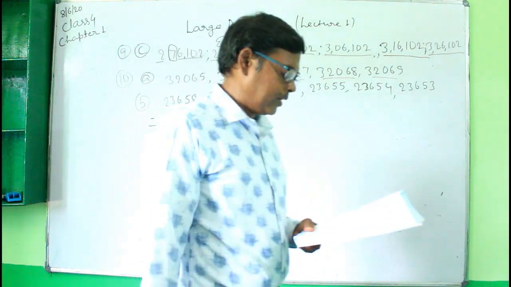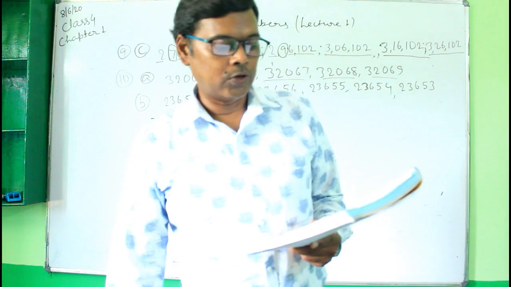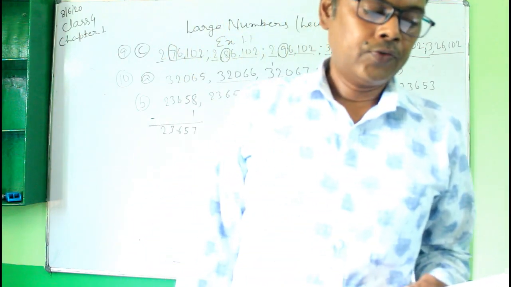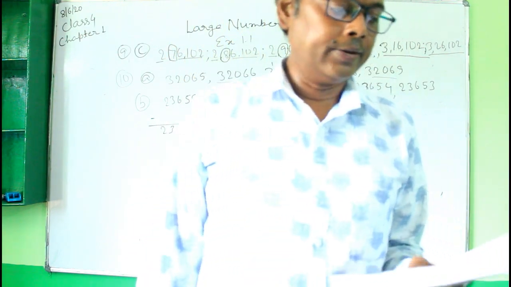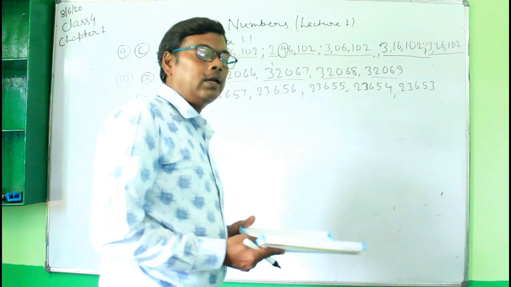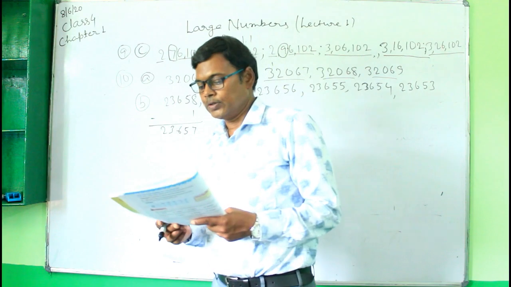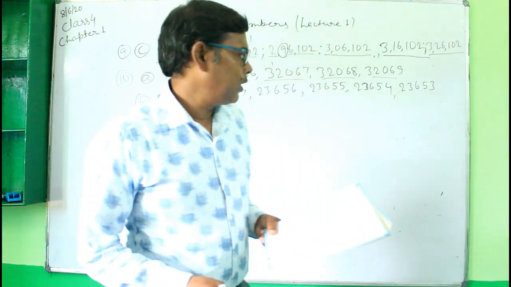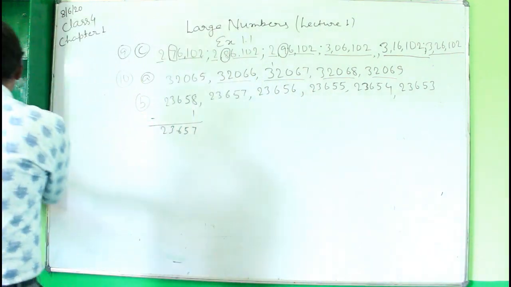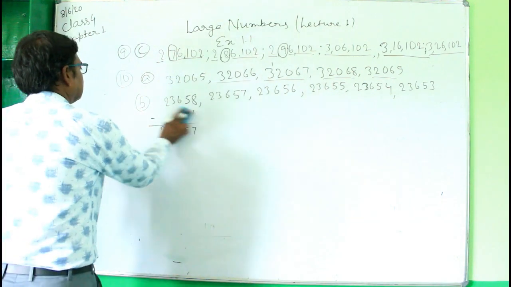Now the question number 11, answer the following questions for the number 56,987. You are given a number 56,987, and we have to answer some questions here. You have 3 questions regarding this.